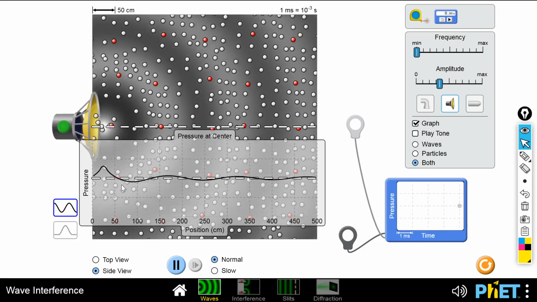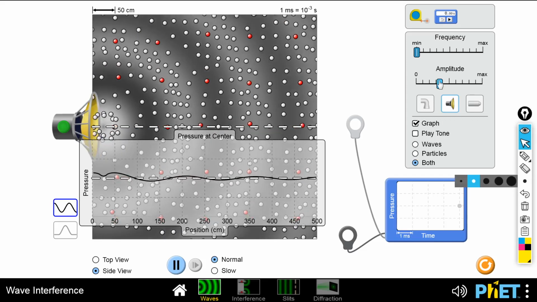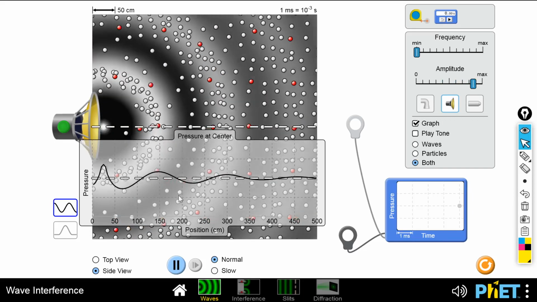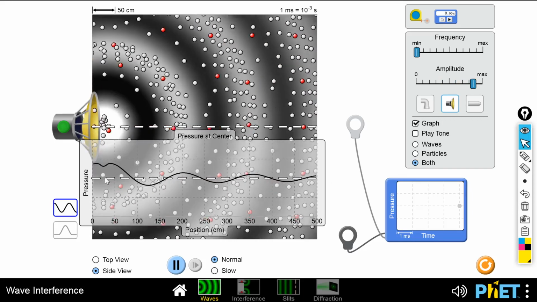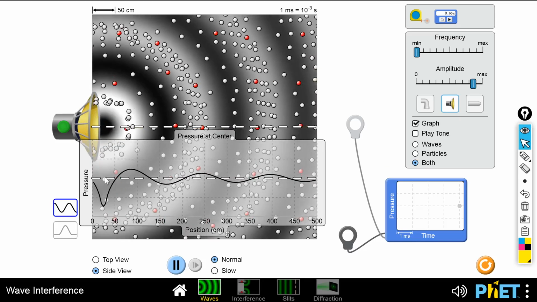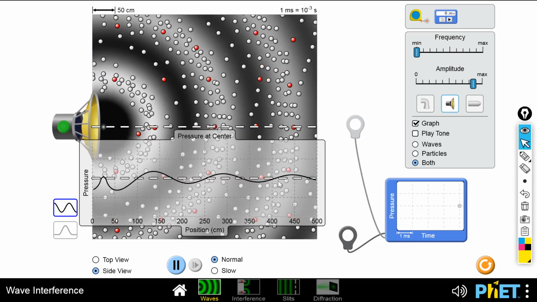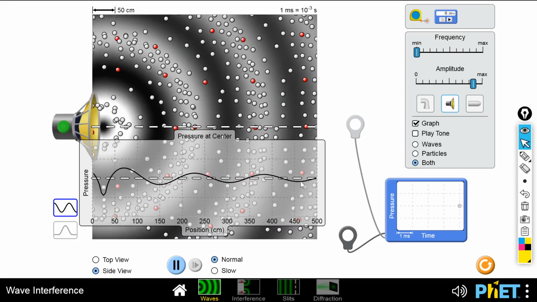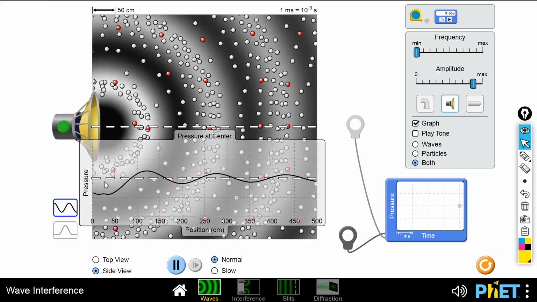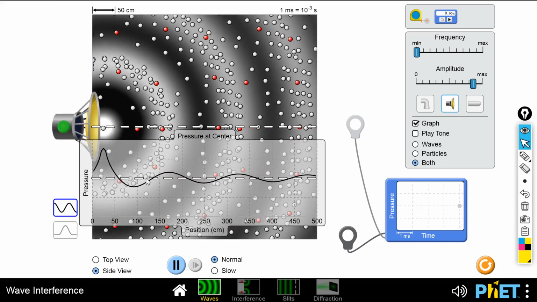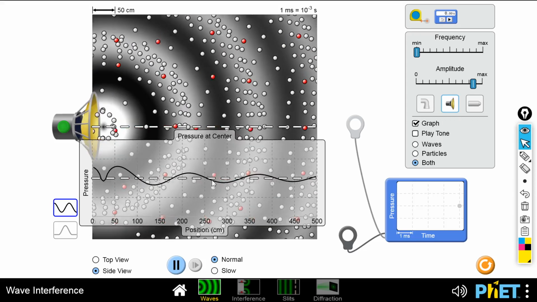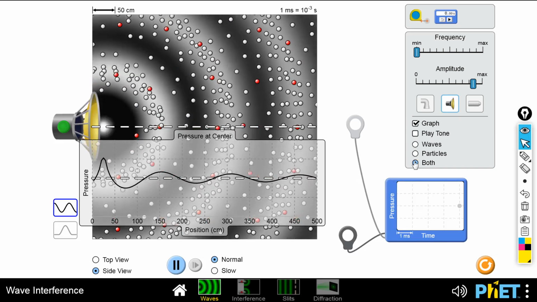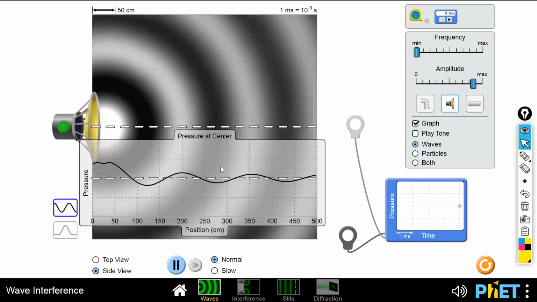So here you'll notice once again, and we're going to make the amplitude larger by sliding this across, that the shape of the wave directly in front of the speaker is substantially different than the shape of the wave at a distance away from the speaker. Up close it's narrower and higher, and out there it's further apart and lower.